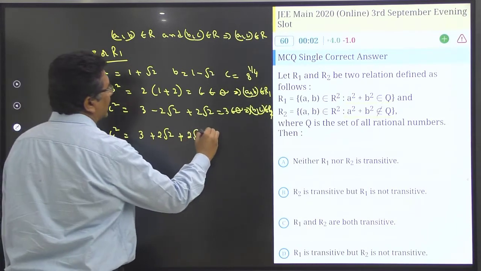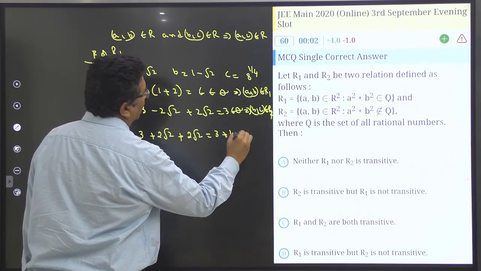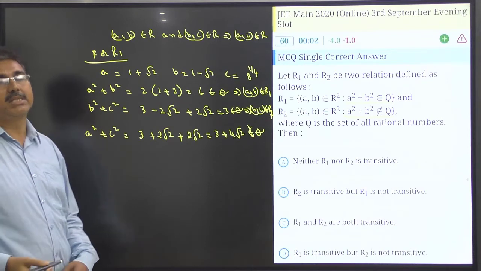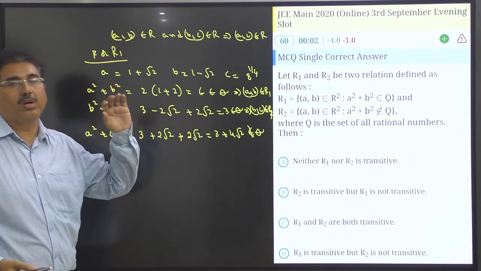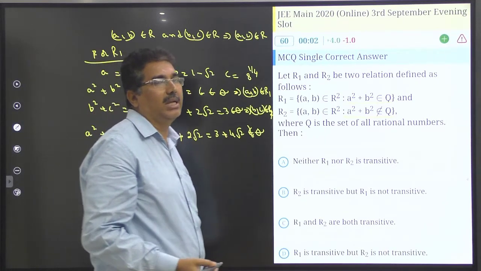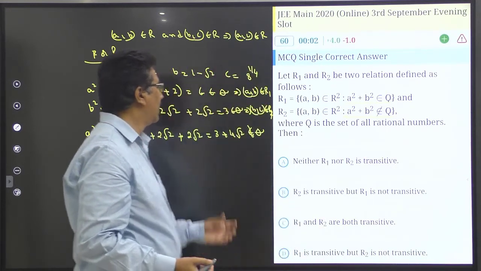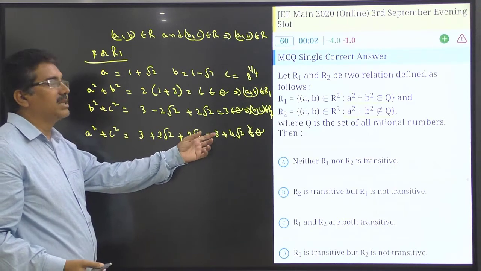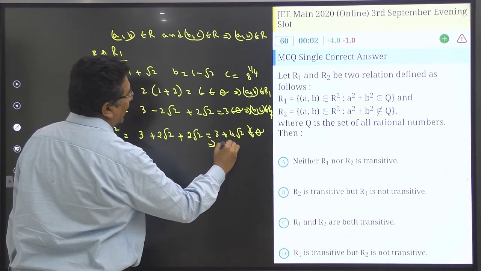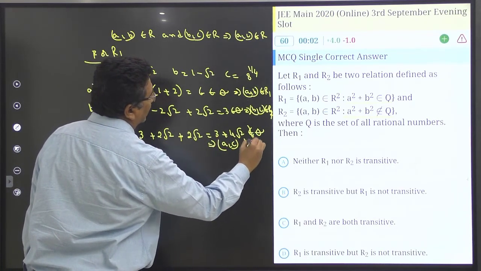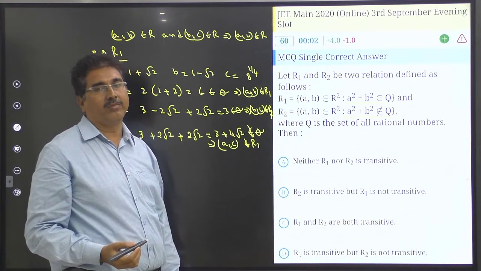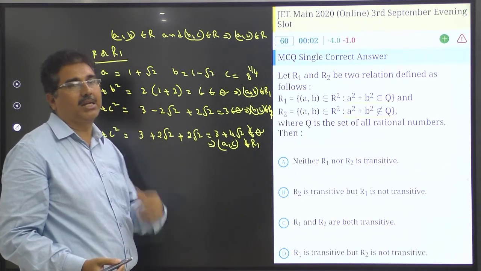That is equal to 3 plus 4 root 2, which does not belong to Q. See this: here (a, b) belongs to R1 and (b, c) belongs to R1, but (a, c) does not belong to R1, since a square plus c square does not belong to Q. Therefore, the relation R1 is not transitive.